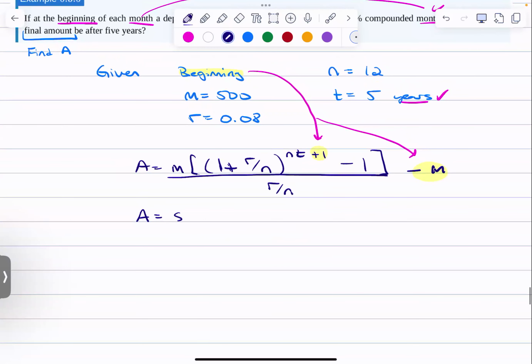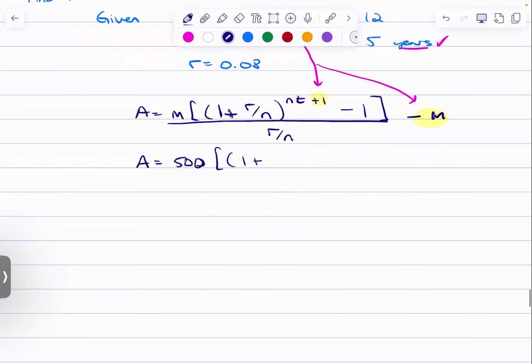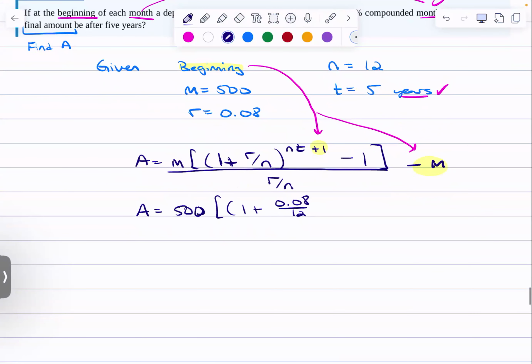I want to solve for A. M is 500 times 1 plus 0.08 divided by 12, to the power of 12 times 5 plus 1, then minus 1, divided by 0.08 divided by 12, minus 500.